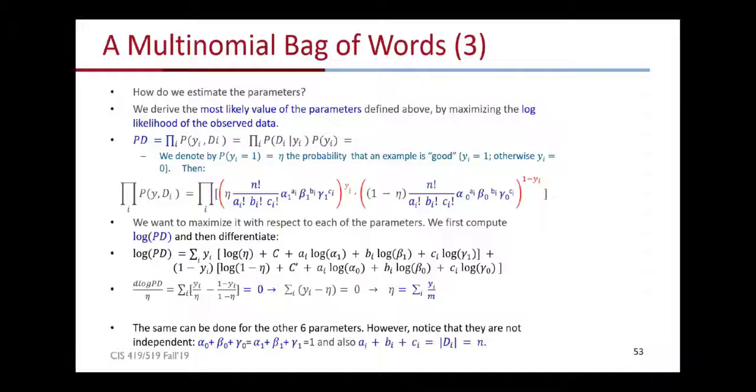This is the probability that it's bad, and I'm raising to the power 1 minus y_i, which basically means if y_i is 0, then I'm going to take this component of the product into account because the power here is going to be 1. And this is going to disappear because it's going to be something to the 0, which is 1.